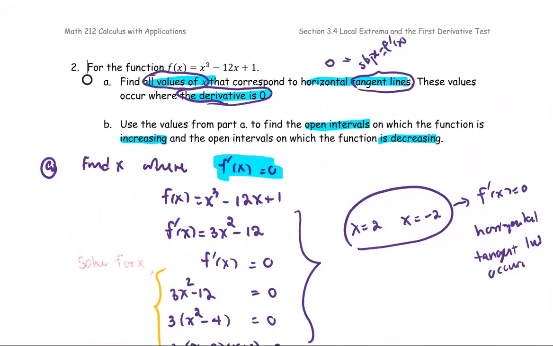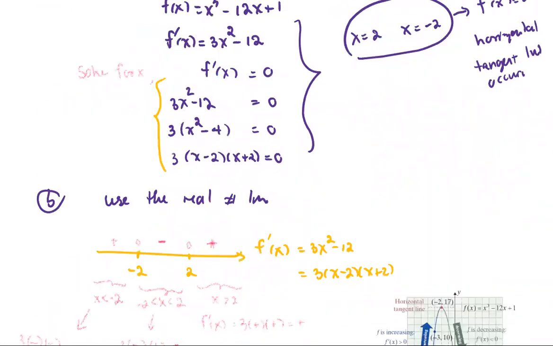From part B, we're using values from part A, which we already did, to find open intervals on which the function is increasing and decreasing.